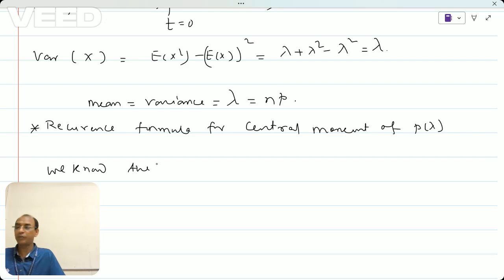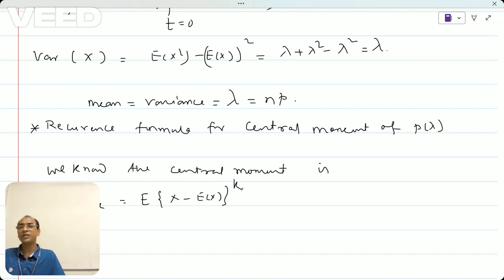We know the central moment is mu k, and that is nothing but E of (x minus E of x) to the power k. This is the central moment.